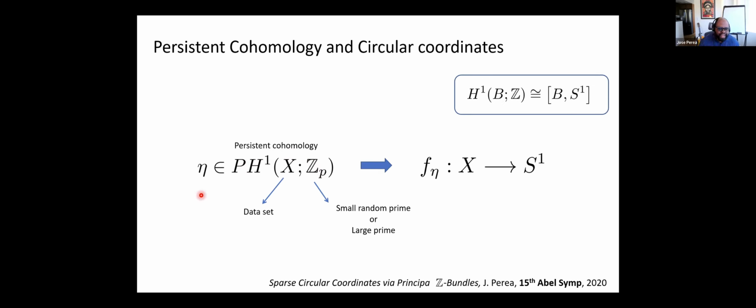And the idea is that if you take a class that is very persistent, that has a lot of information about your data, you can use it to build maps from your data to the circle. So that's the game we're going to play. Replace with persistent cohomology computations, grab the class that you see as very persistent, and use it to build maps from your data to the circle, again, in such a way that it represents the class.